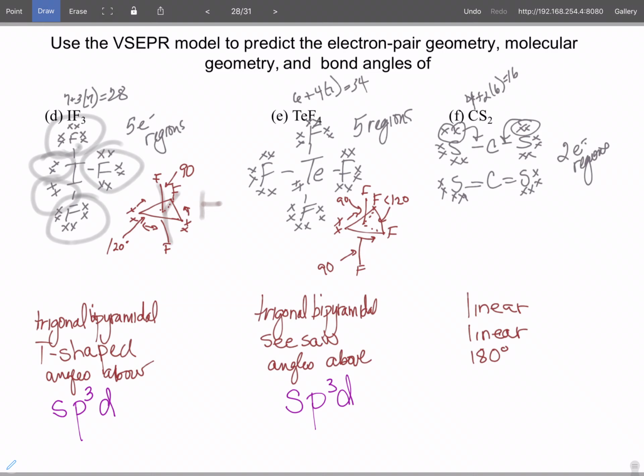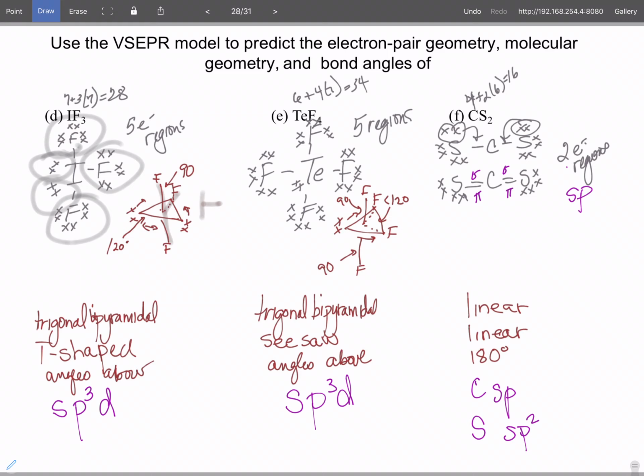Now, this one's a little tricky. So if we look at it, we've got 2 regions around the carbon. So if we only have 2 regions, that's sp. So the carbon is sp. The sulfurs are sp2 because they actually have 3 regions. So if we look at this, this has to be a sigma, this has to be a pi, this is a sigma, this is a pi.